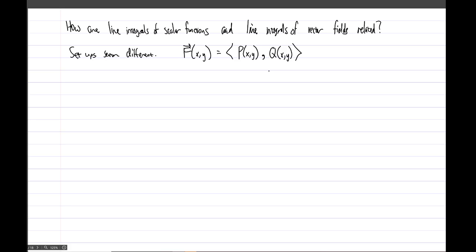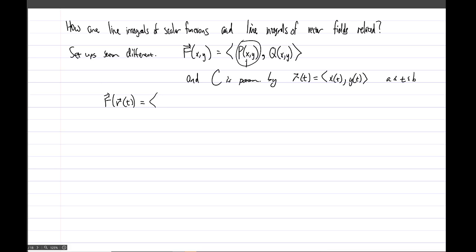Okay, so let's say you have this, and then you have C parametrized by the vector function r of t equals angle bracket x of t comma y of t, with t going between a and b. We're trying to stick to a rather generic setup, and let's work out that F of r of t would be whatever formula you have here, but you've got to replace x and y.